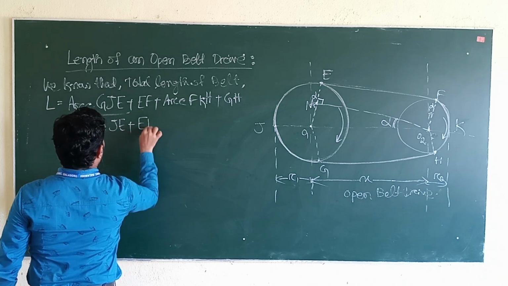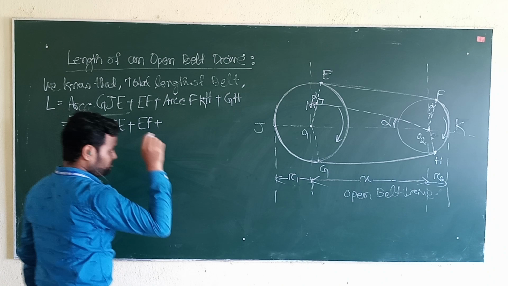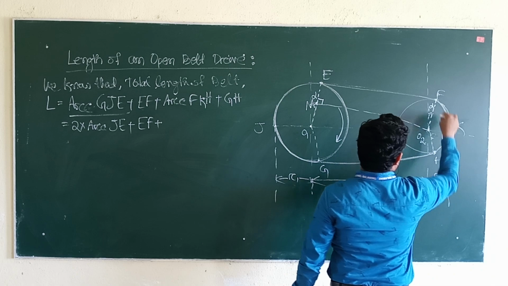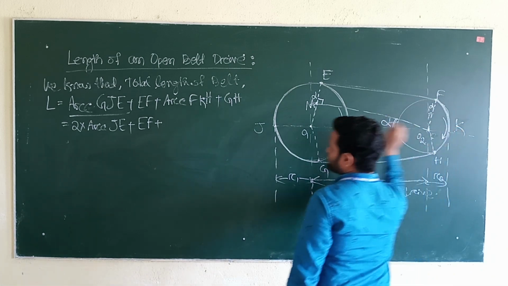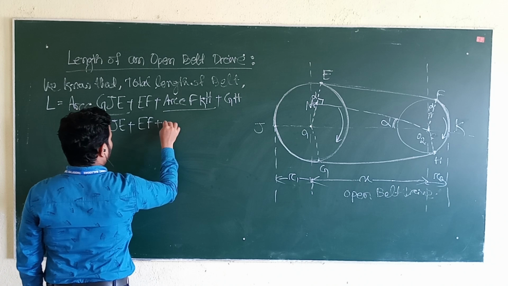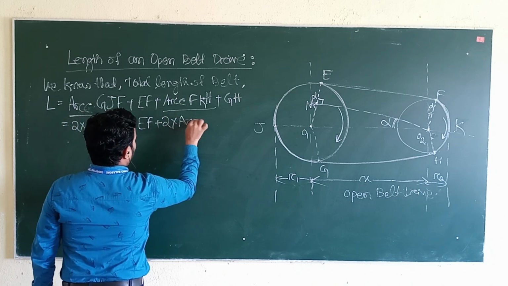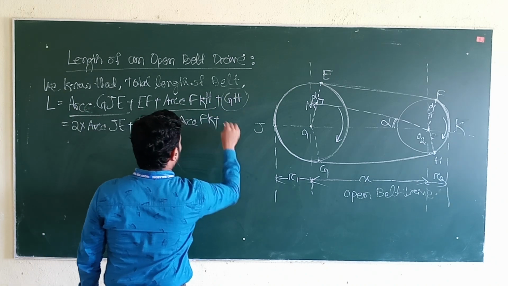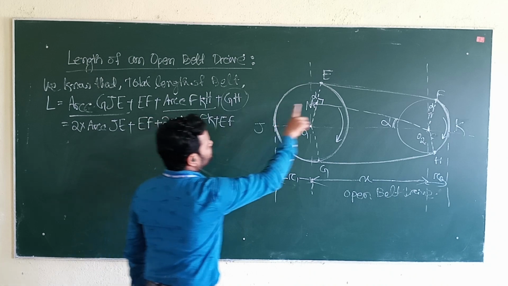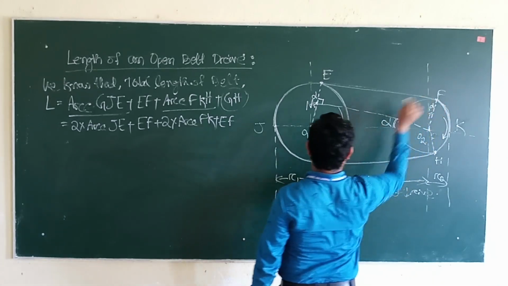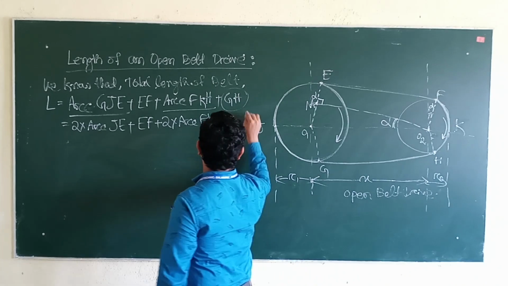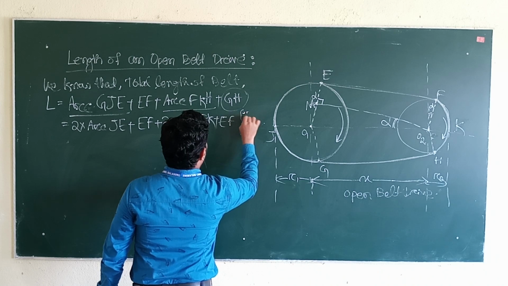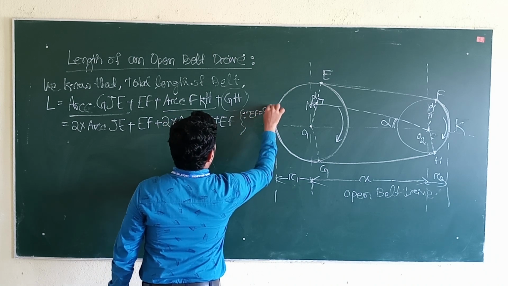Similarly, for the total arc FKH, we can write twice arc FK. In place of GH, we can write EF, because from the figure you will see the length of EF equals the length of GH.